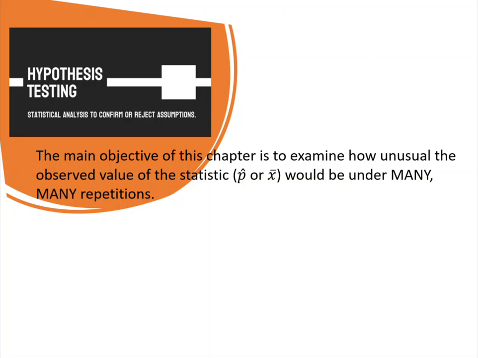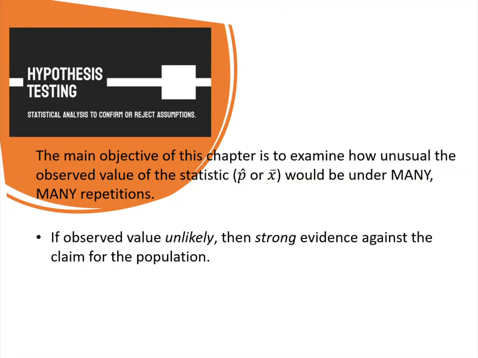And we can conclude that if our observed value, if our p-hat or x-bar, is unlikely to have happened, then there's going to be what we say is strong evidence against that claim from the population. There's going to be strong evidence that our assumption about the population is not going to be true.